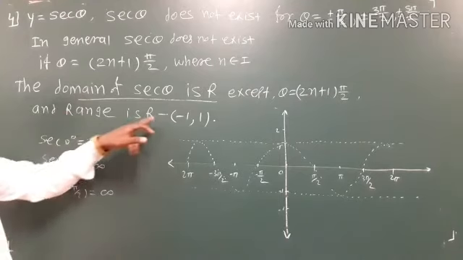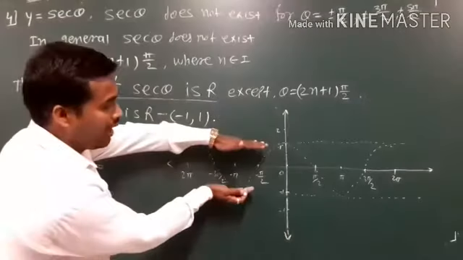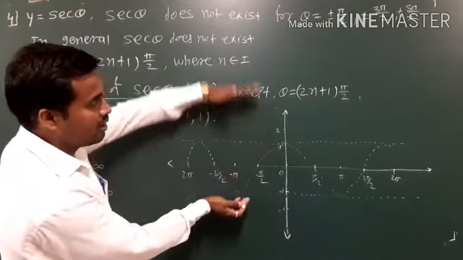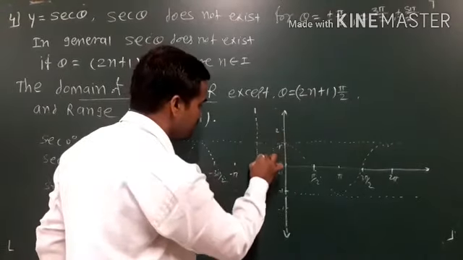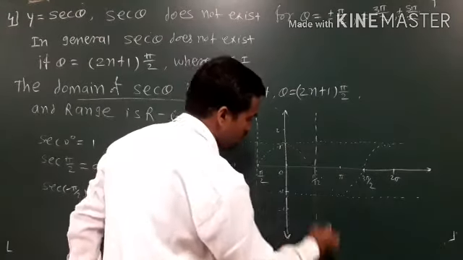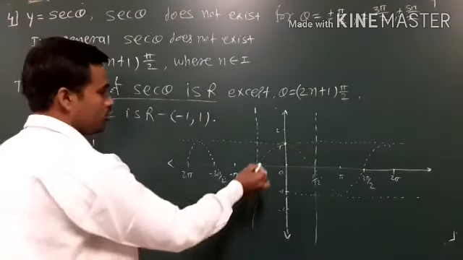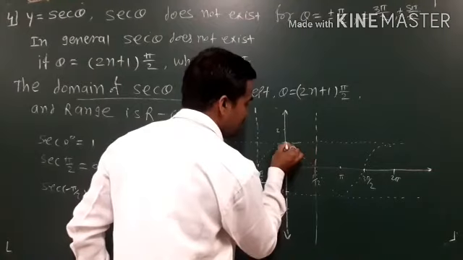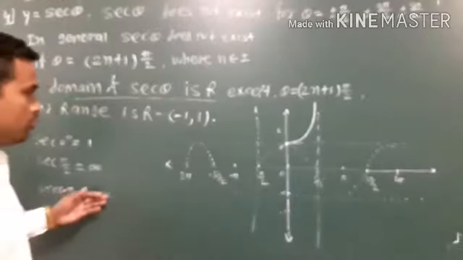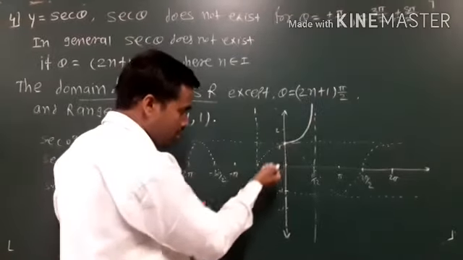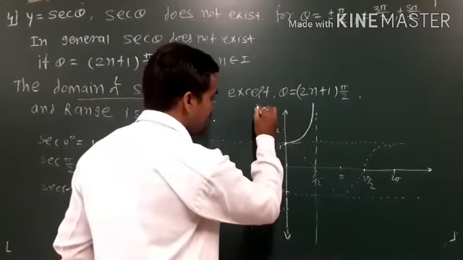Okay, in this equation the range is R minus (-1, 1), meaning the graph of sec will be either above or below, leaving out the region from -1 to 1. Okay, see here, okay, sec 0 degrees equals 1 is here, sec pi by 2 is infinity means the graph goes this side, okay, and sec minus pi by 2 is plus infinity, so the graph is not this side because the range is R minus (-1, 1), so the graph is, okay, this side.